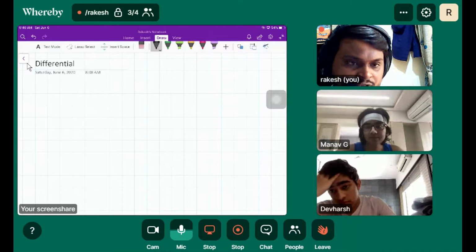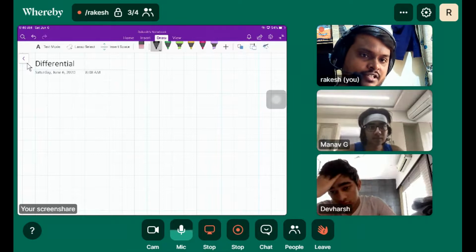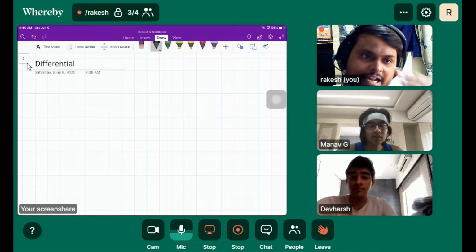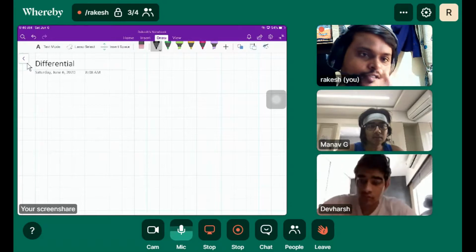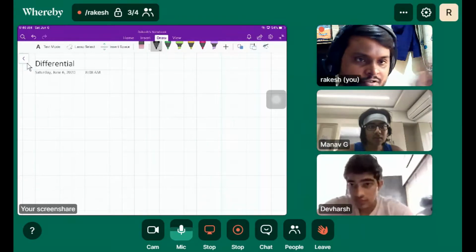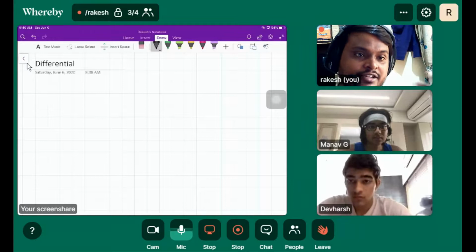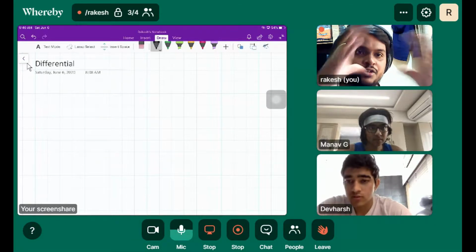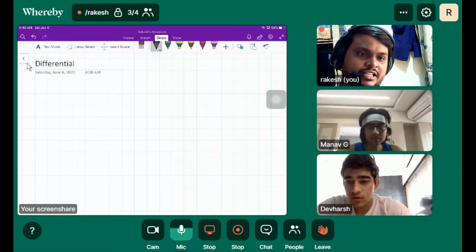You're absolutely right as far as the process is concerned, because we keep one independent variable constant, and we differentiate the function with respect to the other variable. That's absolutely right. But why are we doing that? What is the requirement of doing that? That's my question. I explained that in the demo class. Do you remember the ball? You can say, Deva.